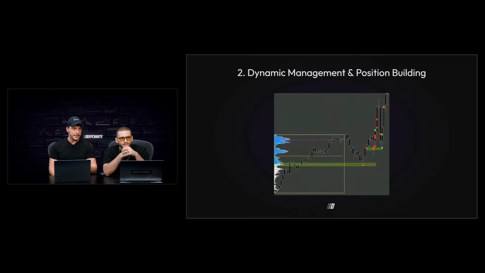These indicators, guys, you don't have on platforms that don't provide real volume, not tick volume, okay? Not approximation of volume, but real volume. Real order flow. Also this one, dynamic management and position building, as the market gives you clarity.